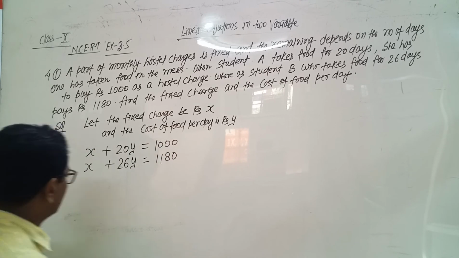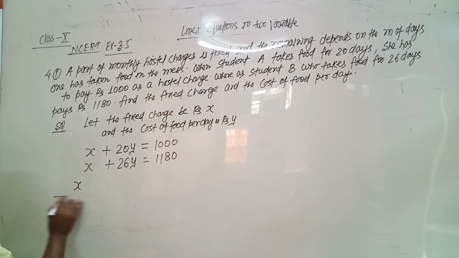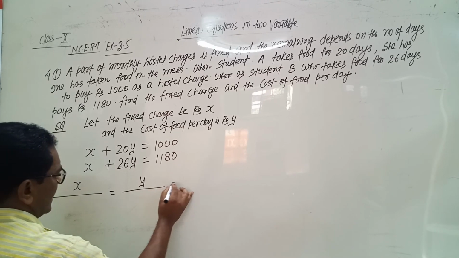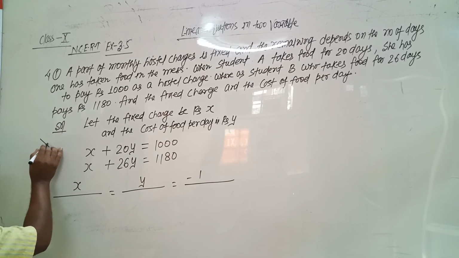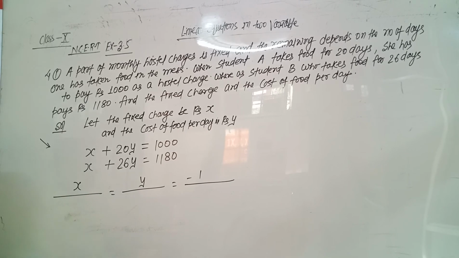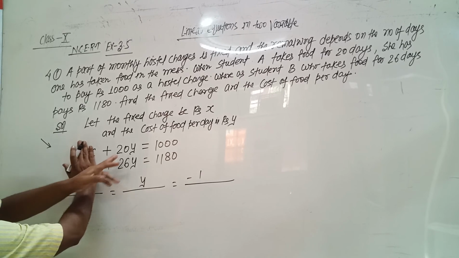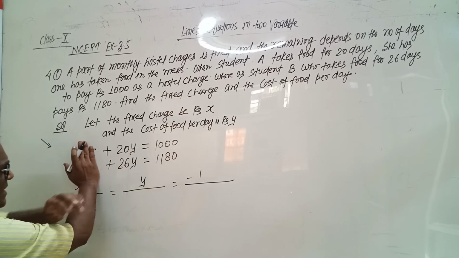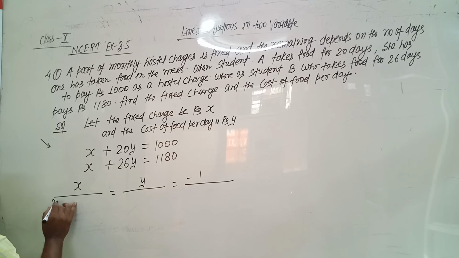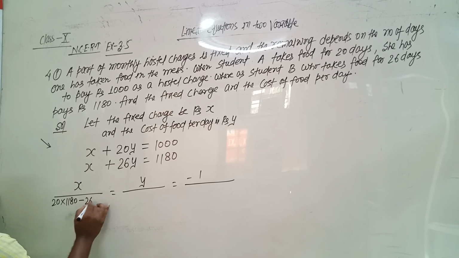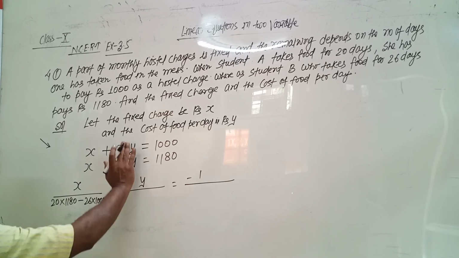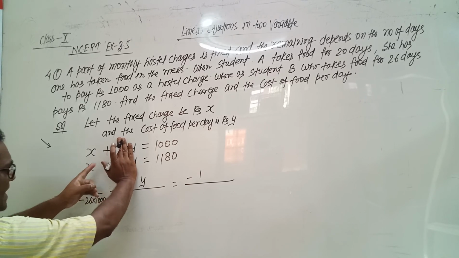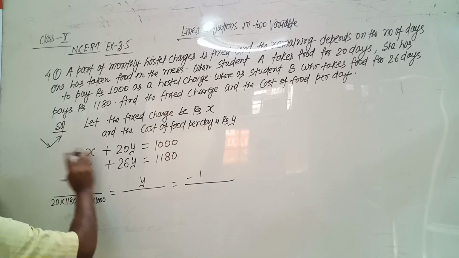Now we solve both the equations by cross multiplication method. Here we write X, Y and -1. This is the proforma. When we take X, we close X and multiply in this way. Coefficients we always multiply. So when we close this, multiply in this way, means 20 into 1180 minus 26 into 1000. When we take Y, then close Y and multiply in this direction and coefficient we multiply.